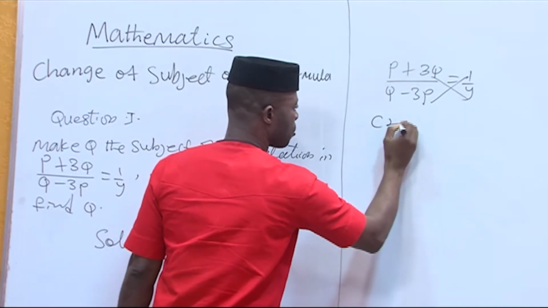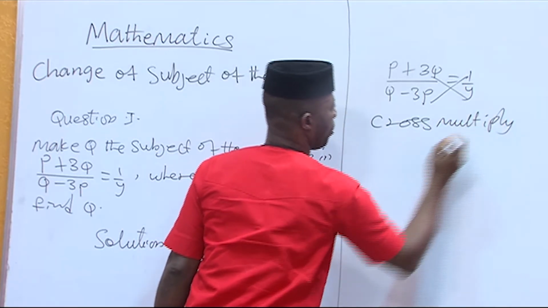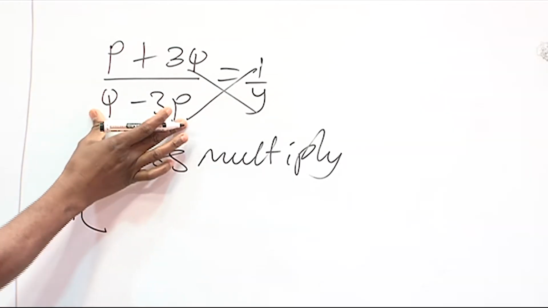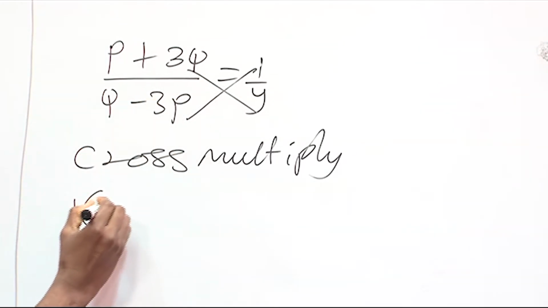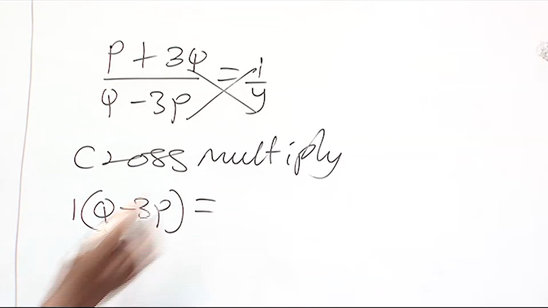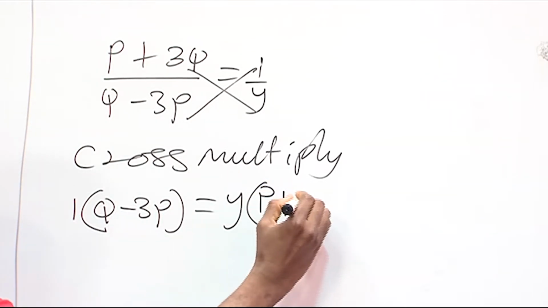That is, 1 times (Q minus 3P) equals Y times (P plus 3Q).